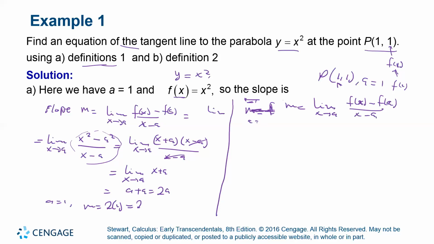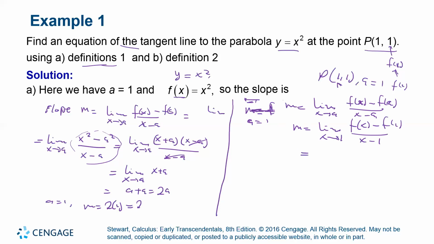But if your a is equal to 1, then the slope is equal to the limit, x approaches 1, of f of x minus f of 1 divided by x minus 1.